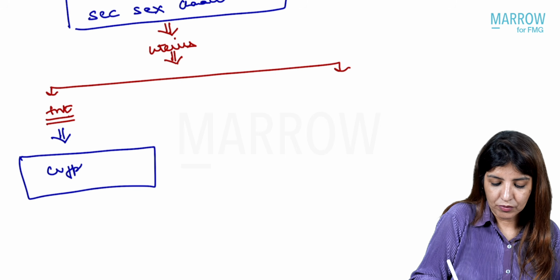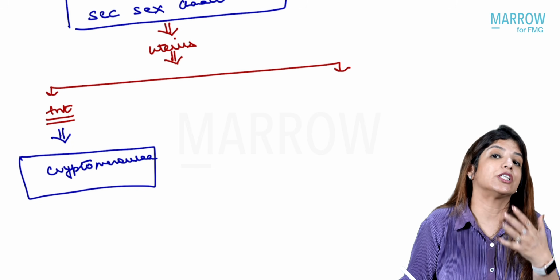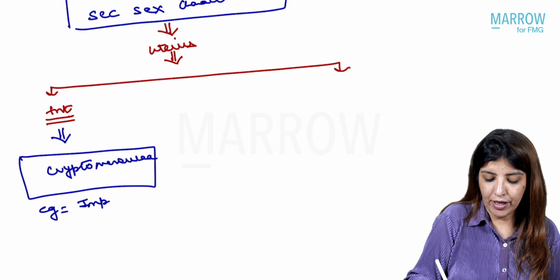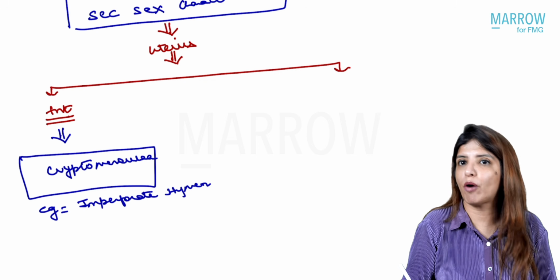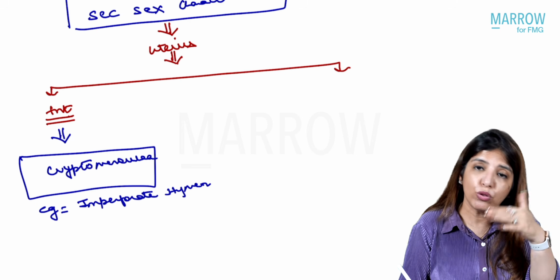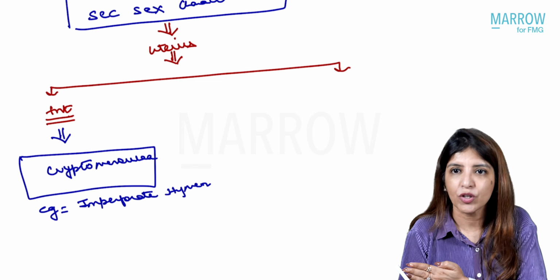cryptomenorrhea. What do you understand by cryptomenorrhea? Cryptomenorrhea means hidden menstruation, and it is seen in case of imperforate hymen. In a patient of imperforate hymen, the only problem is that there is no opening in the hymen. Although she is menstruating, menstrual blood cannot come out, right?